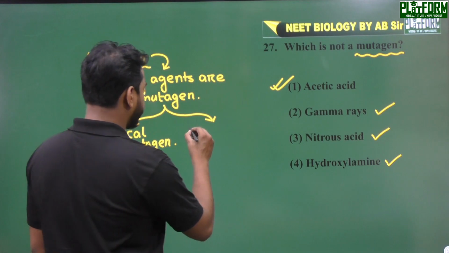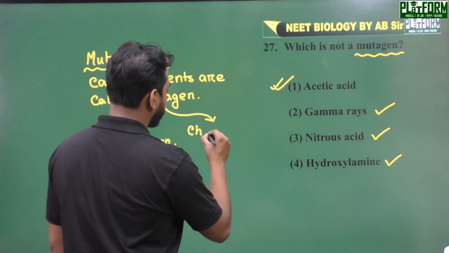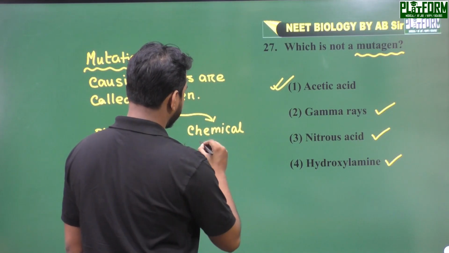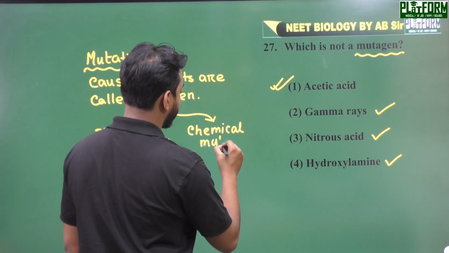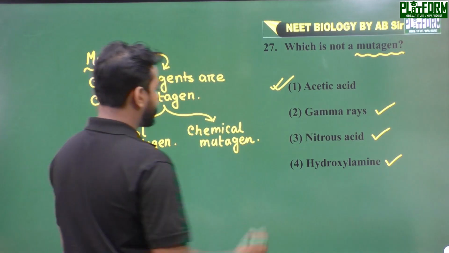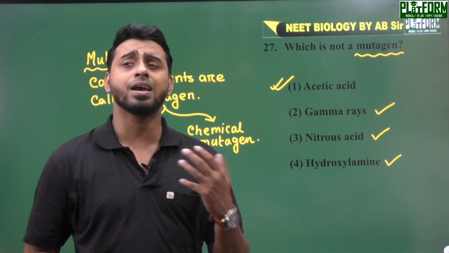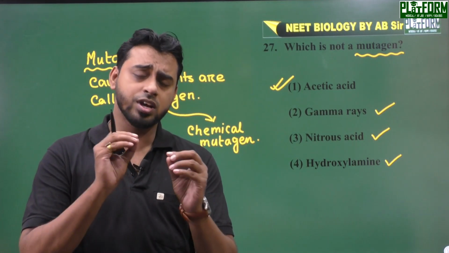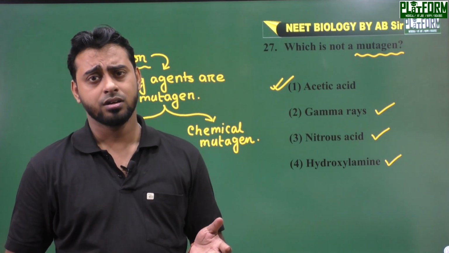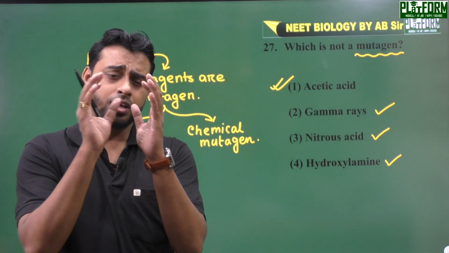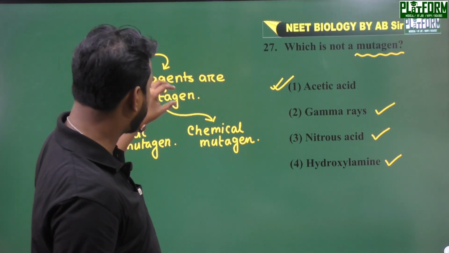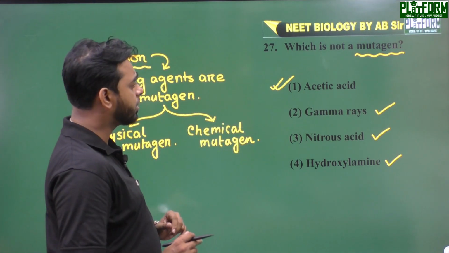And the other group is a chemical mutagen, which includes any type of chemical which is responsible for the change in the DNA. For any type of change in the DNA, that particular mutagen is known as a chemical mutagen.